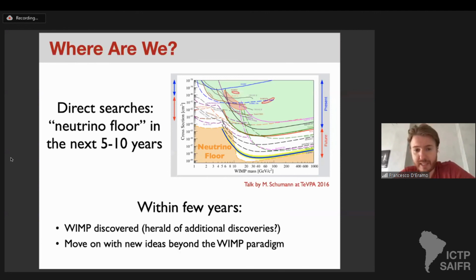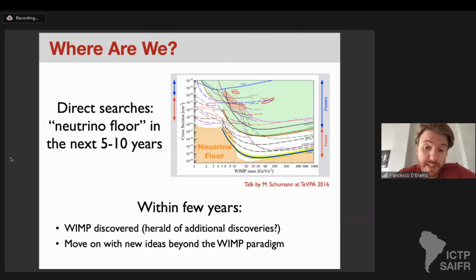As I mentioned also in the direct searches part of my lecture yesterday, the neutrino floor is something that we will get to in more or less 5-10 years at most. So there is a natural ending of this program, where you will eventually hit this background.